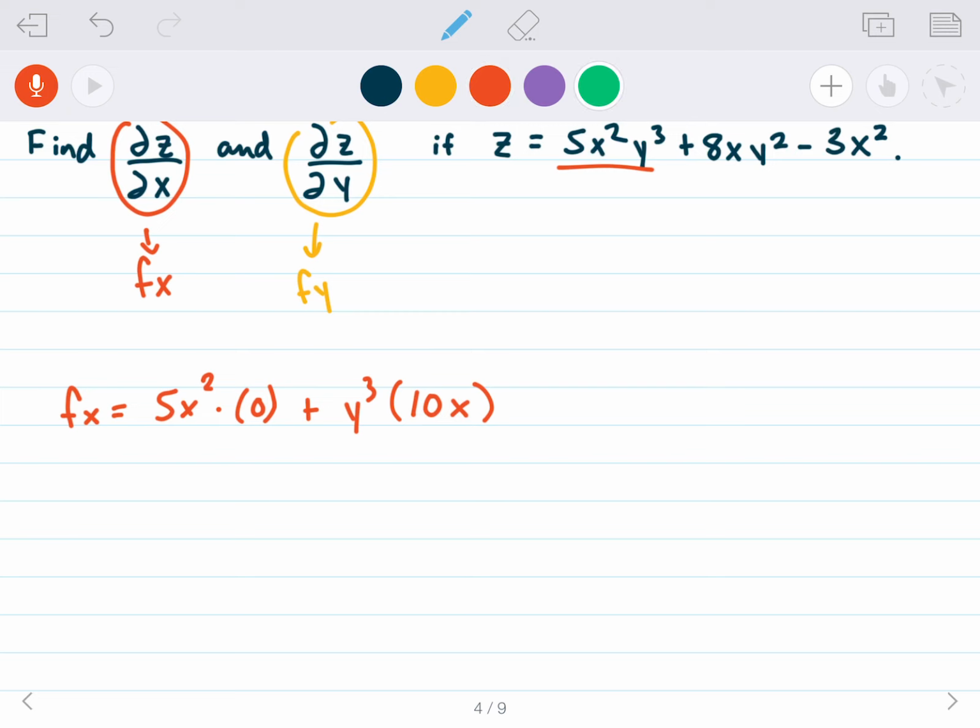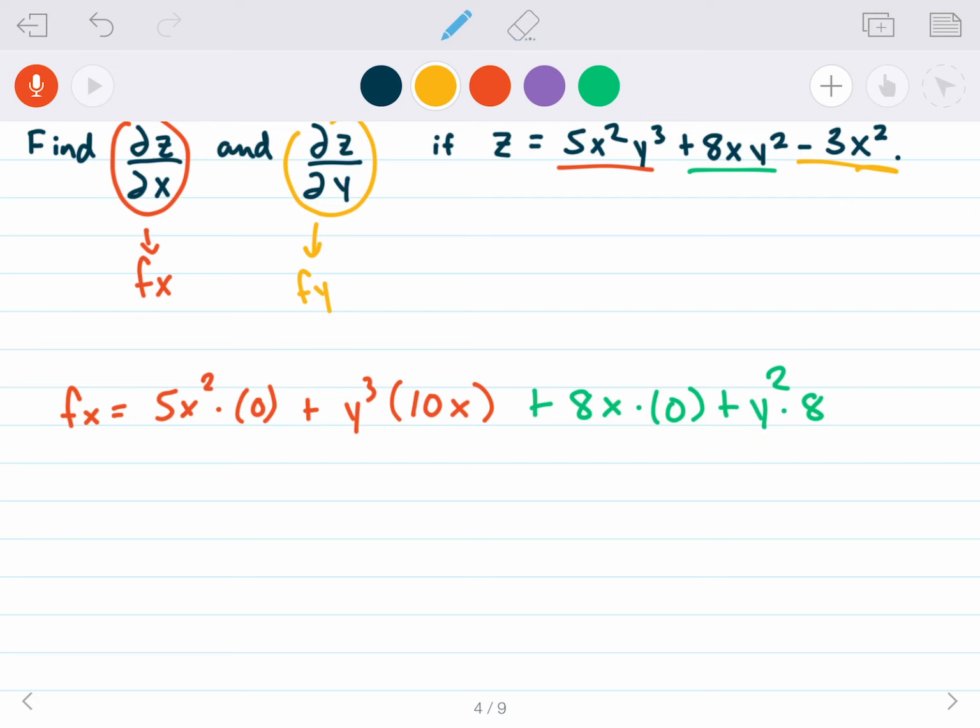Okay, now let's do this green. So keep the first, 8x, times the derivative of the second. Well, derivative of y squared is just 0. Plus keep the second, y squared, times the derivative of 8x, which is 8. Okay, finally this guy. Now this guy doesn't have a y in it, so we just differentiate as usual.